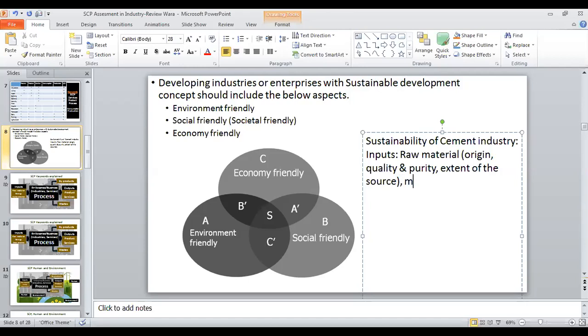And the manpower or human resource. You have to get healthy people. Healthy means less prone to dust and all. Health is important, immunity is important. Health and immunity, and they are safety assured.